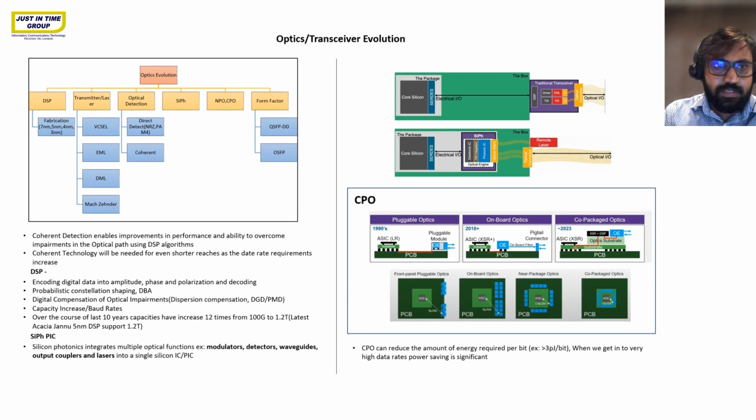A typical optical transceiver mainly consists of digital signal processing units, DSPs, usually used for coherent transmission and to compensate for different impairments, such as dispersion. Then you need transmitters and lasers, and there are different laser technologies like VCSEL, vertical cavity surface emitting, and also EML, electro-absorption modulated lasers, and DML lasers.